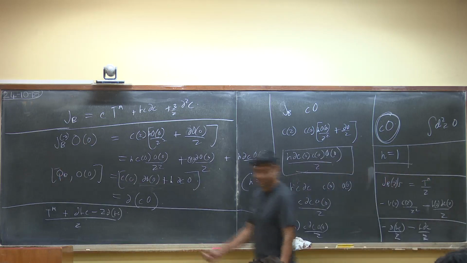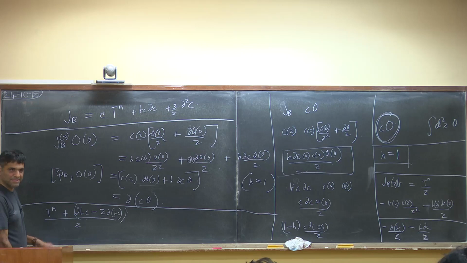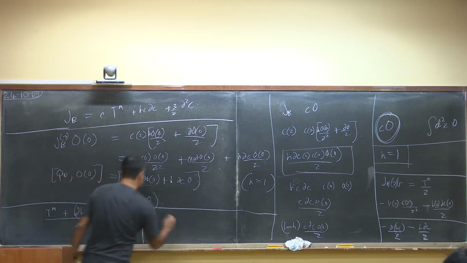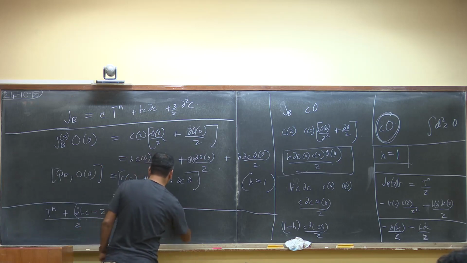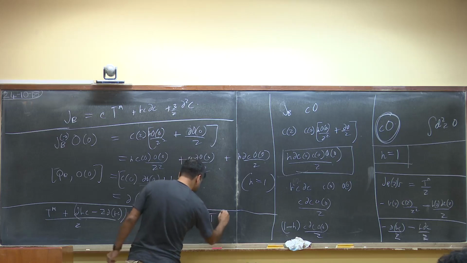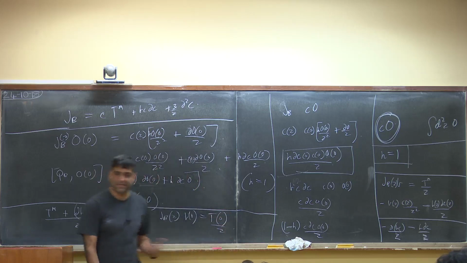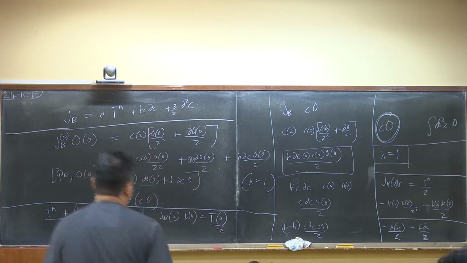And this was the ghost stress tensor. Del BC minus 2 del BC was the ghost stress tensor. So this was, we worked out last time, but I'm just reminding you that J B of Z with B of 0 gave the stress tensor at 0 divided by Z. The full stress tensor, matter plus ghost. Okay?